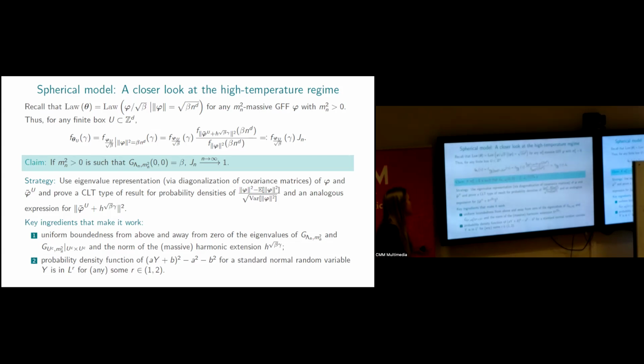Okay, and so for the CLT type of result, the two main ingredients were that the eigenvalues of this Green's function are uniformly bounded, and that the probability density function of the square of a Gaussian has a higher moment than the first moment.